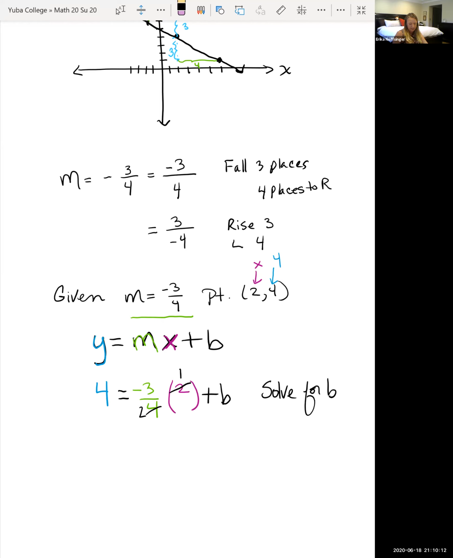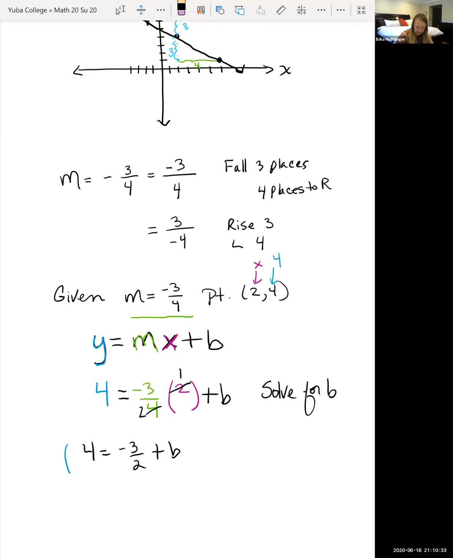I want to isolate my b value. So right now we have 4 is equal to negative 3/2 plus b. I can clear my fraction, or I could just add 3/2 to both sides. I'm just going to add 3/2 to both sides. But I also notice that I don't have a common denominator.